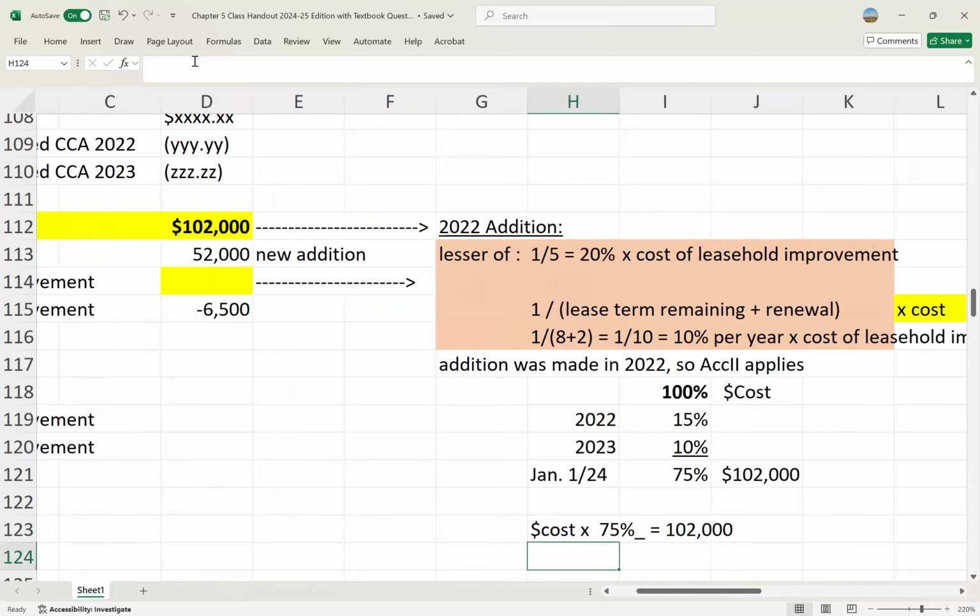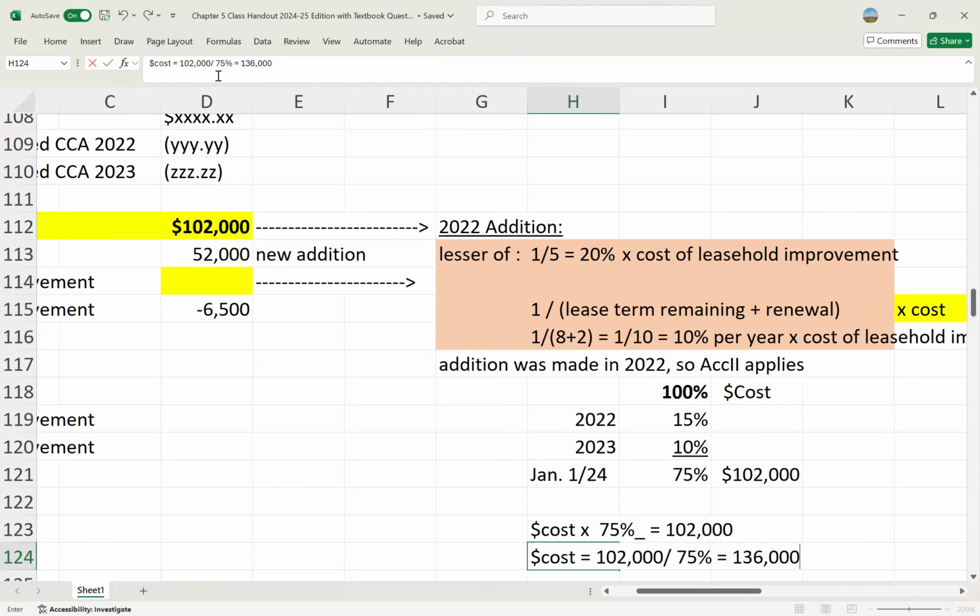So all we have to do is rearrange the formula to figure out the cost. We're just going to take 102,000, divide it by 75%, and the cost would be 136,000.